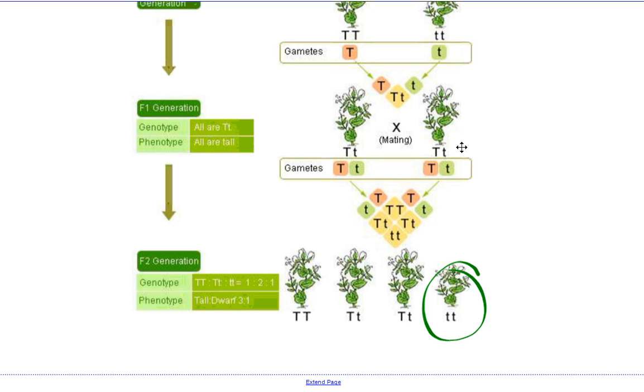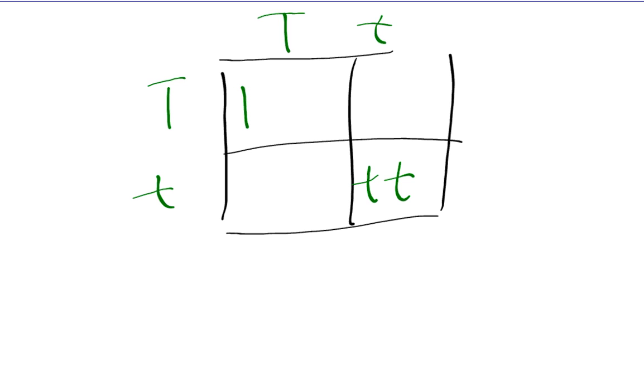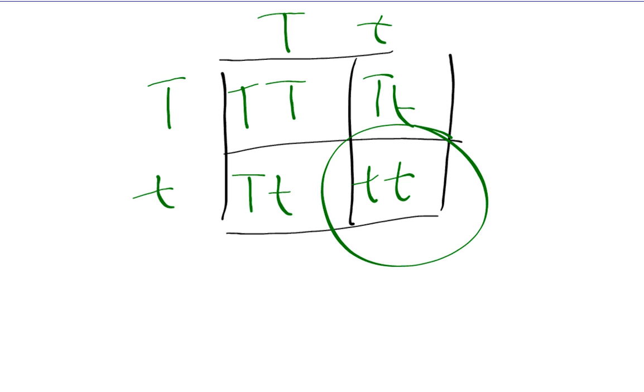Well, what's a better way to show that in a very visual way that is easier than multiplying fractions, which I think is particularly easy, but if you're not good at that, we can use a diagram called a Punnett square. And in this Punnett square, we can put our big T, little t on the side, and our big T, little t on the top, and we can show that 1 out of 4 times the little t's will combine. And we'll talk more about this in the next lesson.